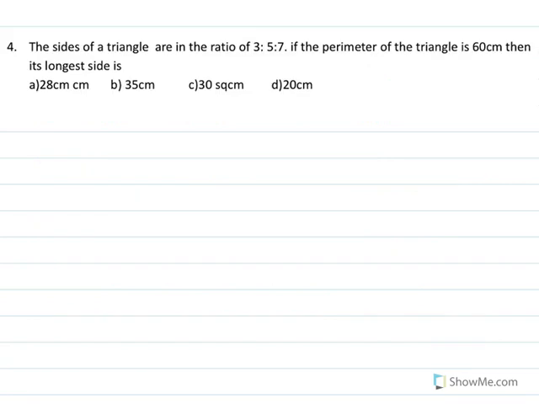The sides of a triangle are in a ratio 3:5:7. Its perimeter is 60. Then find the longest side. So here we have sides in a ratio 3:5:7. That means the sides will be 3x, 5x, 7x.